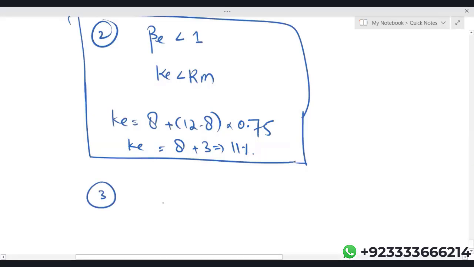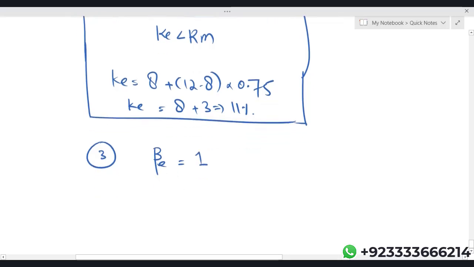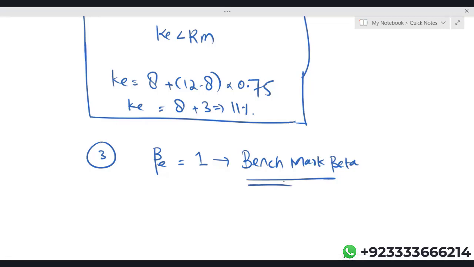Third finding, whenever equity beta is equal to 1, we say this is a benchmark beta. Now, what do you mean by benchmark beta? Actually, benchmark beta means the systematic risk of your investment is equal to the systematic risk of the stock index.